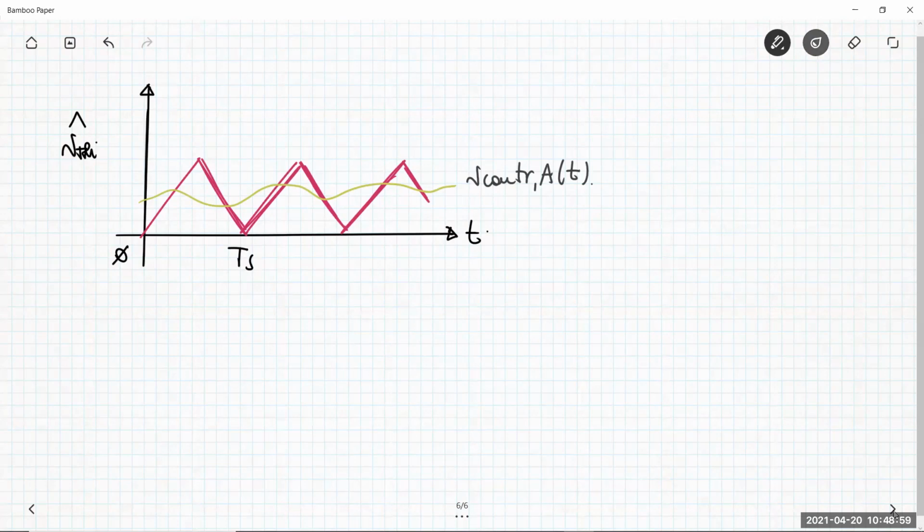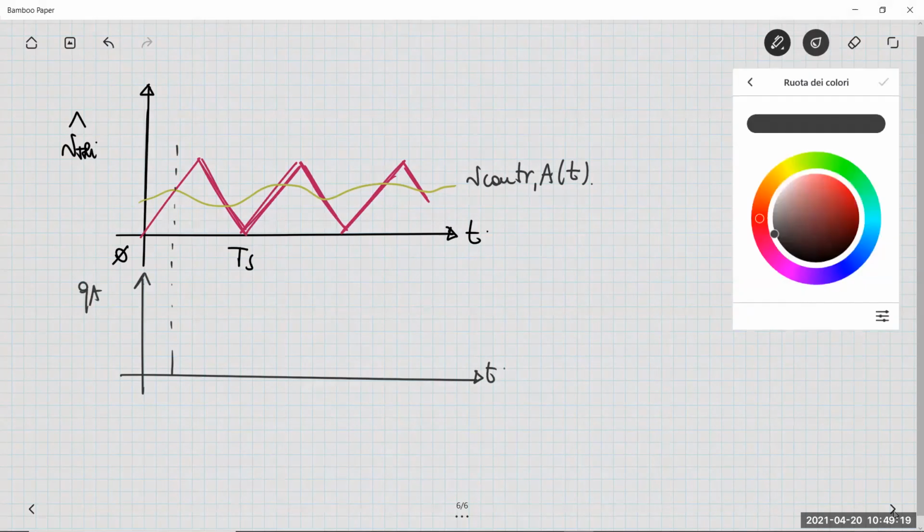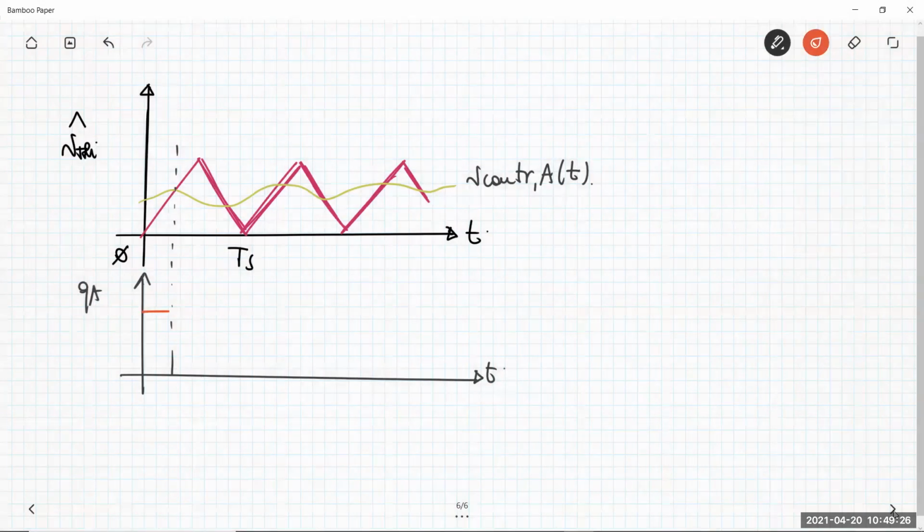What happens? All the discussion is valid. For example, the comparator compares the triangular waveform with the control voltage at its input, providing you the unity switching function with the same rules. When the control voltage is higher, then the unity switching function will be 1. Otherwise, you get 0.